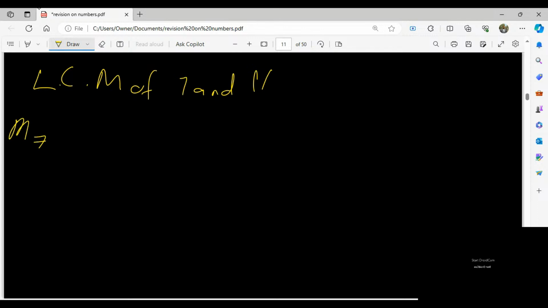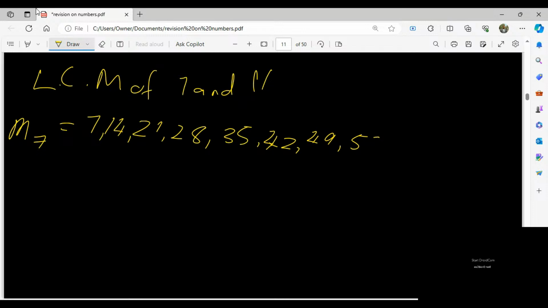Multiples of 7 equal 7, 14, 21, 28, 35, 42, 49, 56, 63, 70, 77. The next one will be 84, etc.